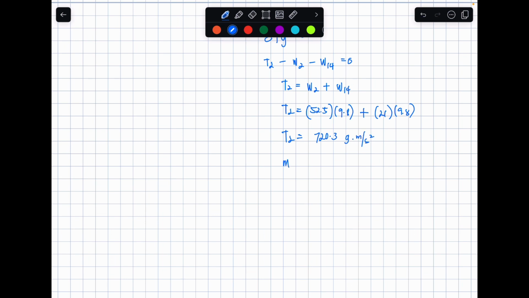So our T2 then is the same as our M1 to 4. It's a combination. So we divide this one by 9.8.